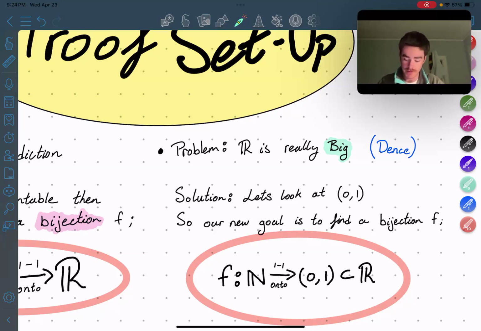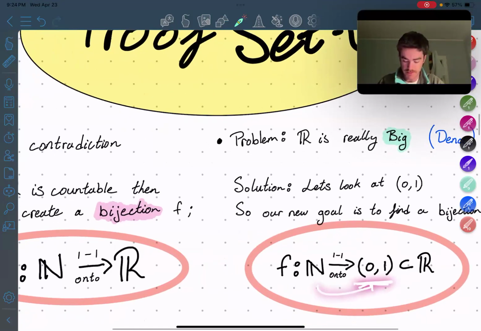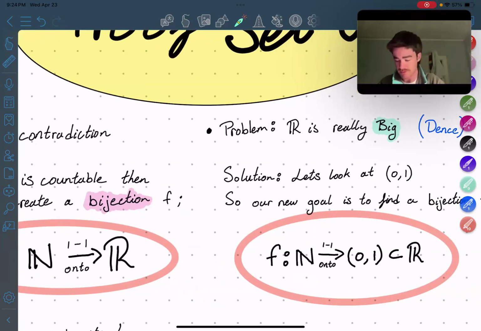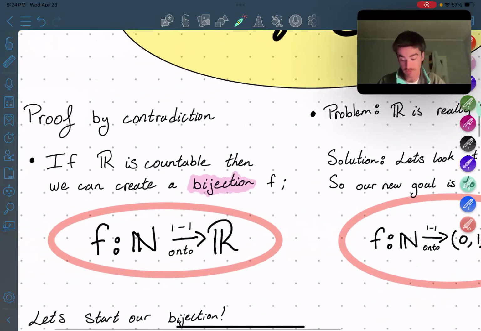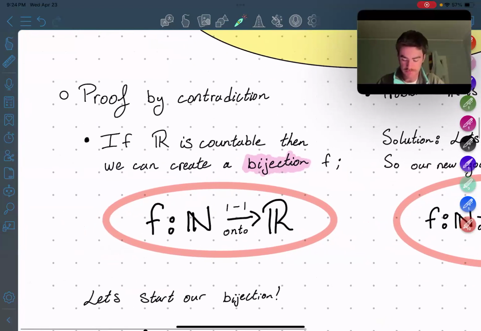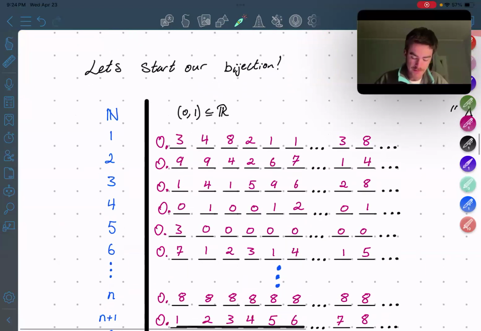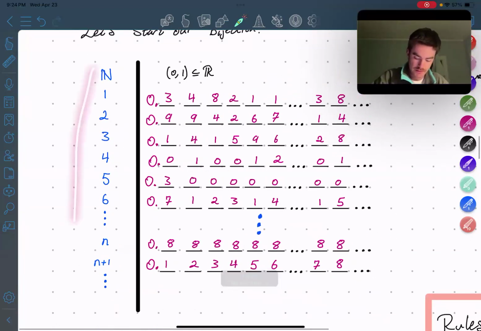If we can do this mapping, then there's some theory that allows us to do this larger mapping over here, and that has to do with how the reals are dense. So without further ado, let's start our bijection. In the left column over here, I've got all of these natural numbers.